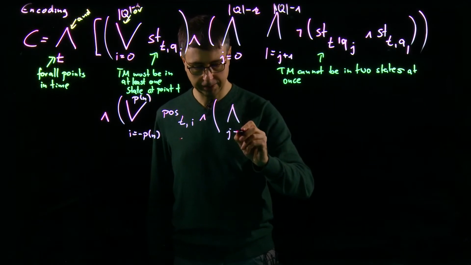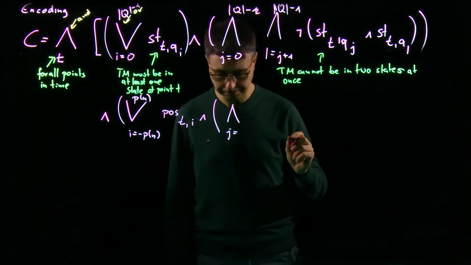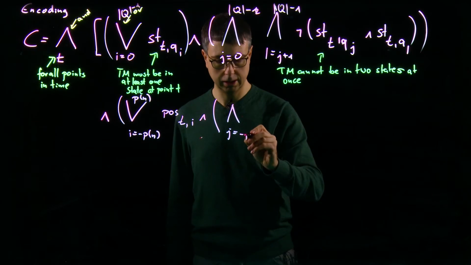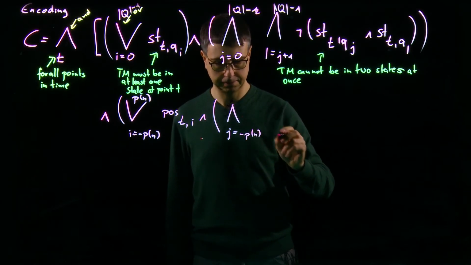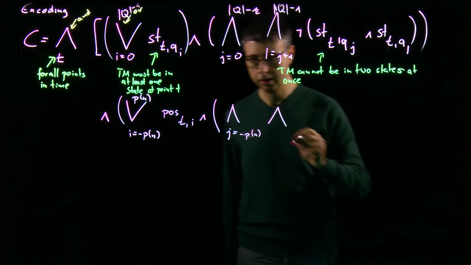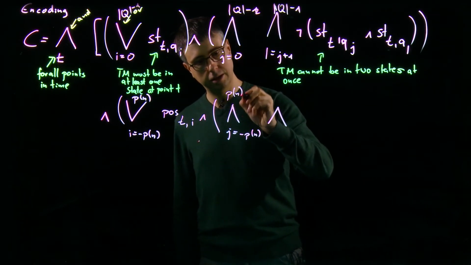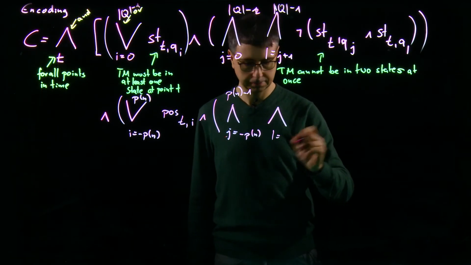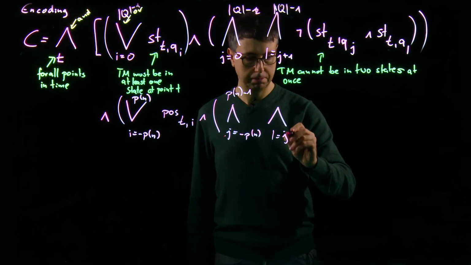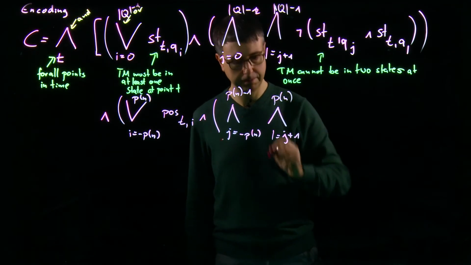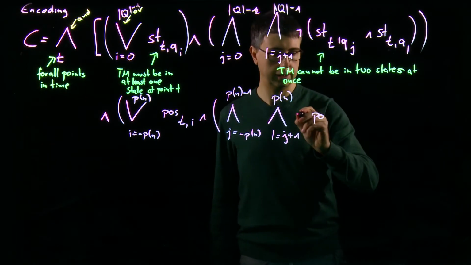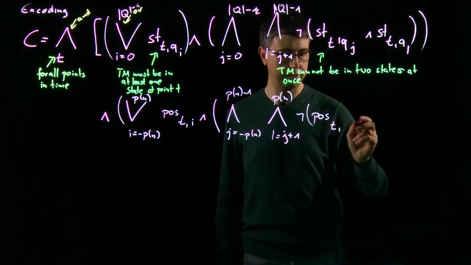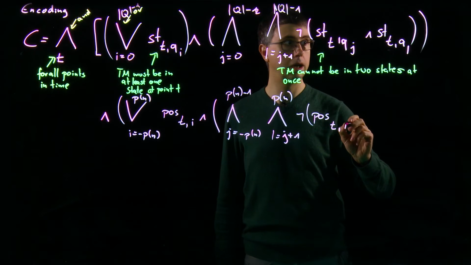We start with j from minus p of n to p of n minus 1, and we have an l that starts at j plus 1 and goes to p of n. And it is impossible to have the head at two positions for the same time, so for the time t and j, l.